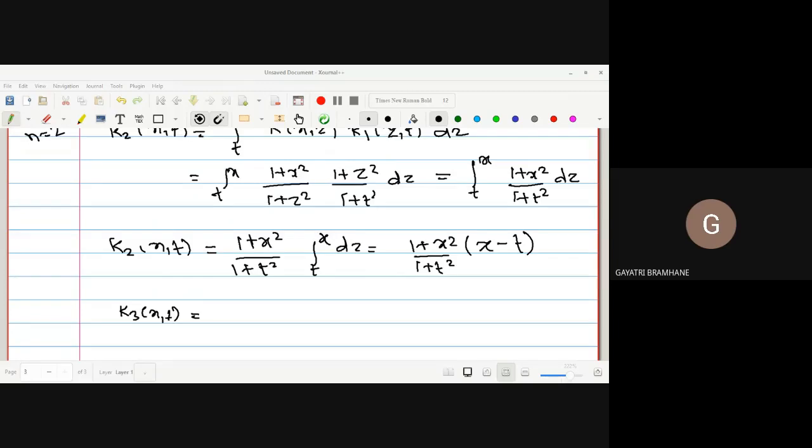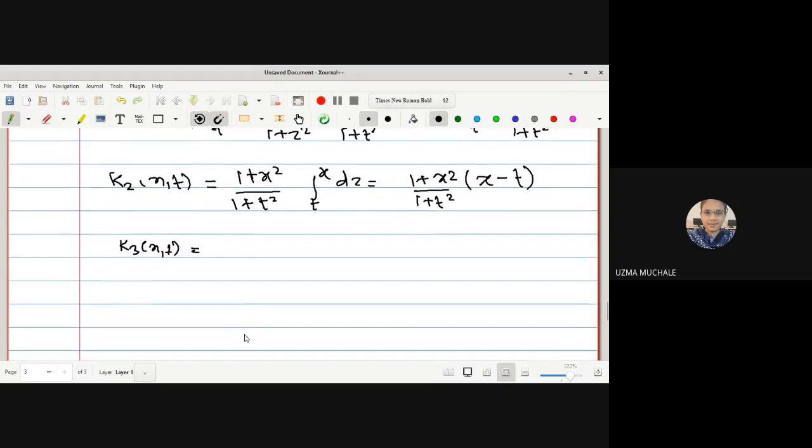k3 of xt is equal to (1 plus x square) upon (1 plus t square) into (x minus t) whole square upon 2. Okay, correct. Similarly, we can find out k4. Find k4 and tell me what is k4. It is also the same, but with (x minus t) cube by 3 factorial.